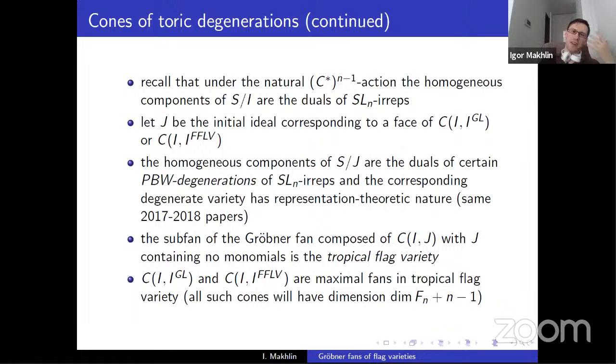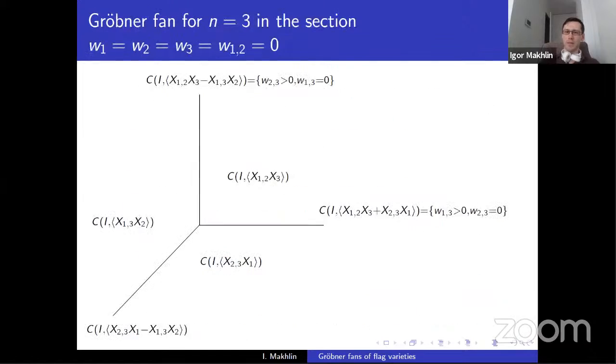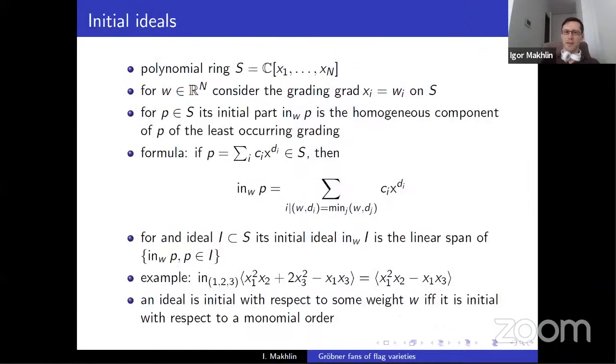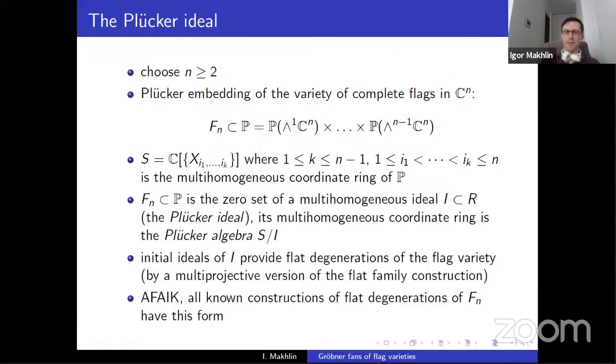And, to be very brief, how is this related to representation theory? We have a natural action of an n-1 dimensional torus on the ring. Simply, if you have a product of n-1 projective spaces, it is always acted upon by an n-1 dimensional torus.